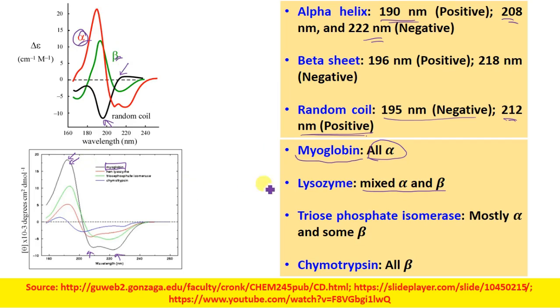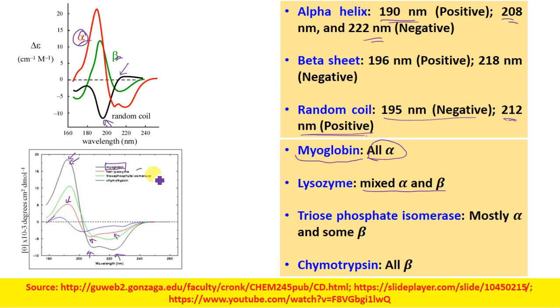If it is mixed alpha plus beta, it will be a combination of alpha and beta curve. And if you see this lysozyme, this red one, you have a peak over here, then another peak, and it is in between your alpha helix and beta sheet.